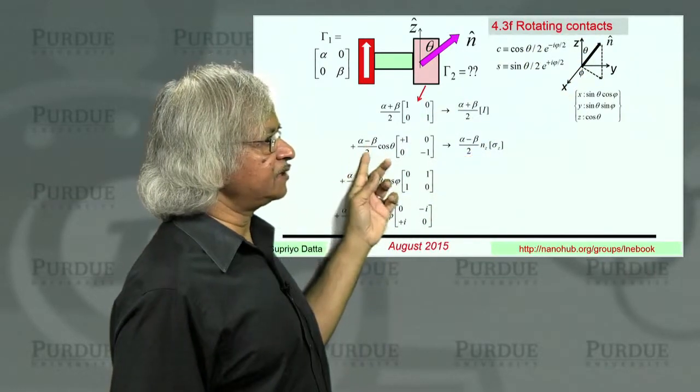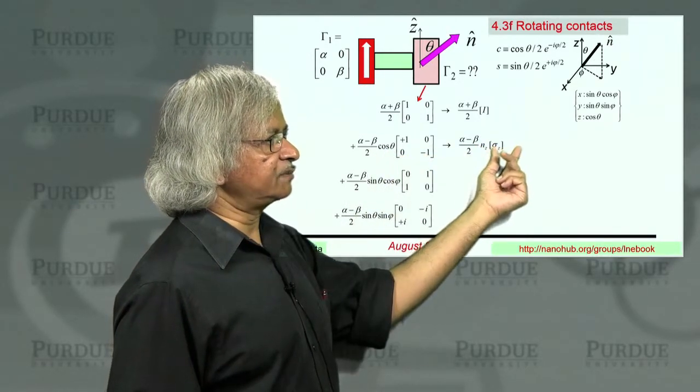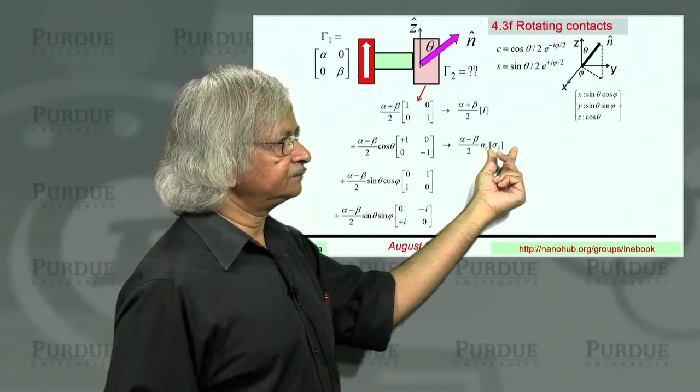So we have alpha minus beta over 2, that cosine theta is Nz, and this then is the Pauli spin matrix, the Z component.